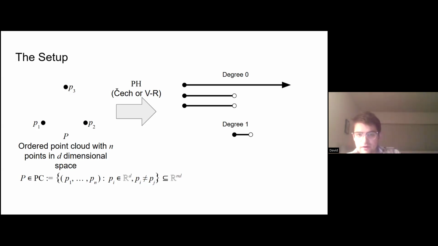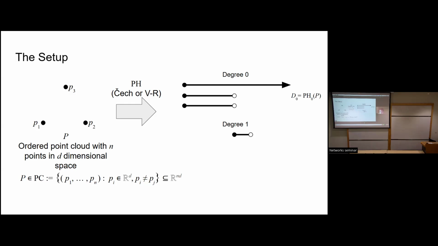And this will give you a collection of intervals describing the degree 0 homology, the degree 1 homology, the degree 2 homology, and so on. And I guess in this picture, maybe there are no intervals describing the degree 2 and so on homology. Perhaps there's no holes of degree higher than 1 that appear when I do my filtration in this example.